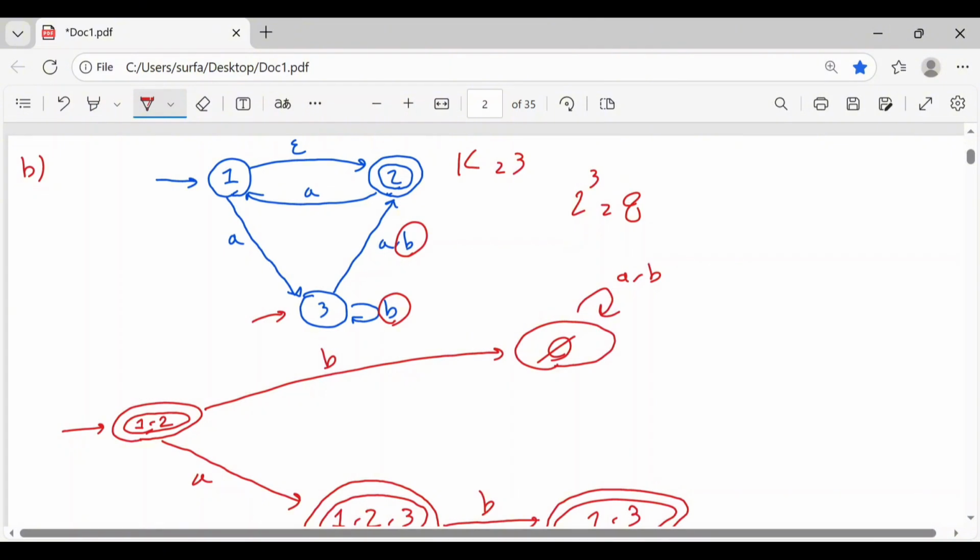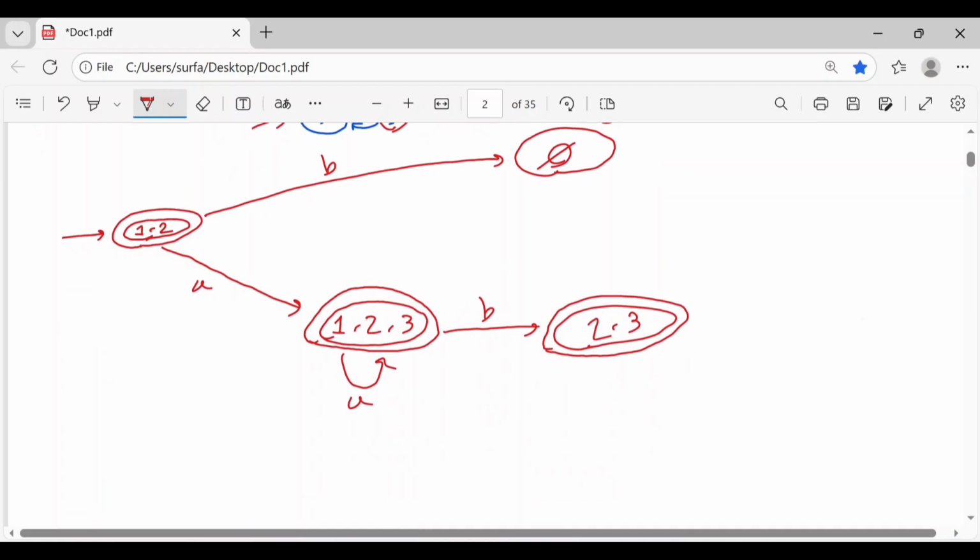We can go to the next state that is number 1 here like this, and after that we can use it and go back to the state number 2, but until this part we have the state number 2 in our state. So the final state will become like this.